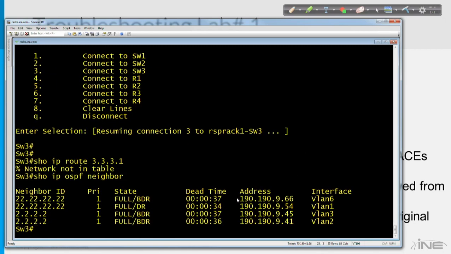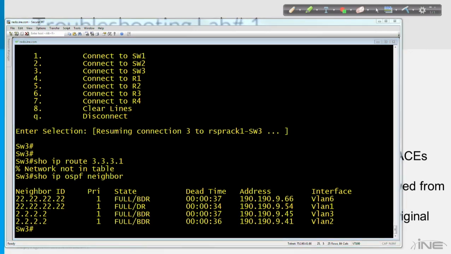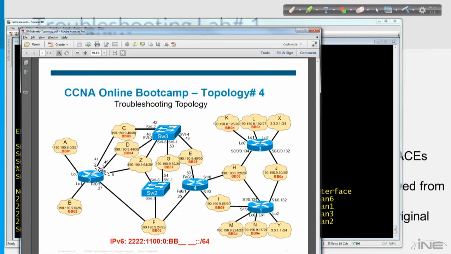Okay, so he's got neighbors on VLANs 1, 2, 3, and 6. So if I look at my topology diagram right here, switch 3, 1, 2, 3, and 6. So he's got a neighbor right here. So there's a neighbor on that interface. Neighbor on VLAN 2.